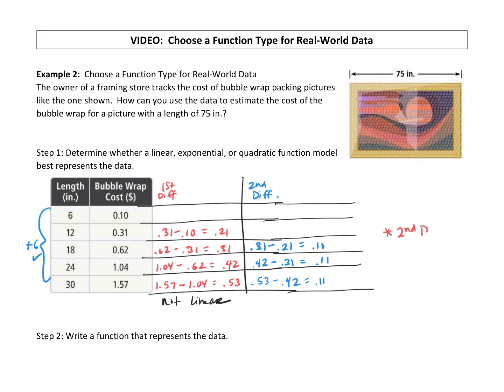So the second differences are roughly constant. We'll make a note that we recognize it's not exact. So a quadratic function best models the data.